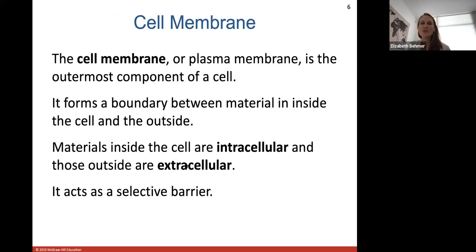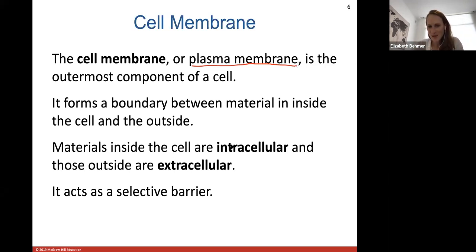So the cell membrane. First, let's get through some of these structures. Your cell membrane, also known as the plasma membrane, is the outermost component of the cell. It's the boundary or border between material within the cell and everything outside of the cell. So the plasma membrane is a very important guard, and it only allows certain things to come into the cell.